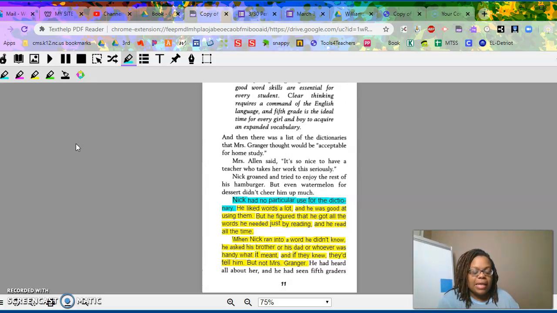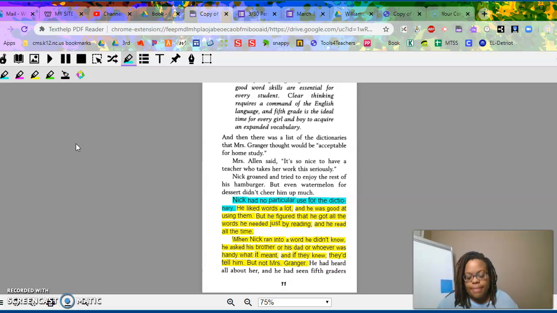So if I look at that answer choices again, he has no particular reason to want to use this dictionary. It starts off by telling me because he felt like he could just read the words and figure them out. But then it says when he ran into a word he didn't know, what did he do? He asked his brother, his dad, or whoever was handy to figure out what that word meant.